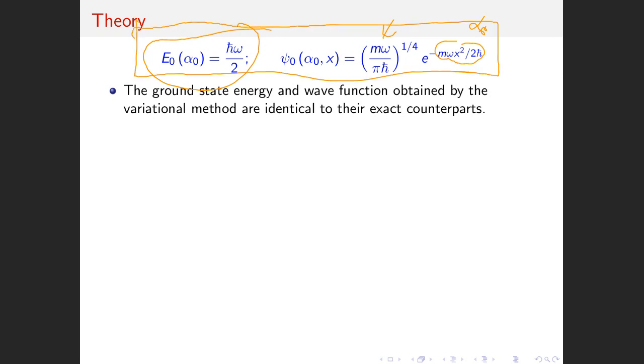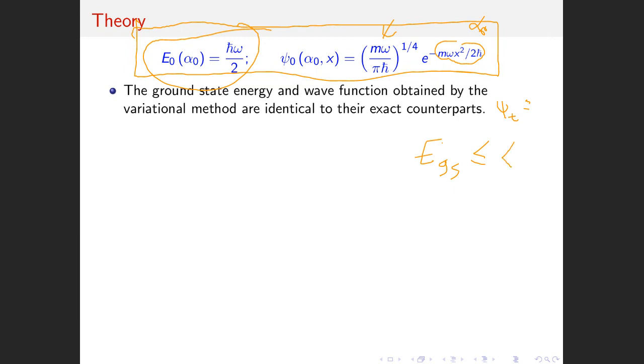So even though we didn't solve the Schrodinger equation in its full generality, what we did was that we just guessed some wave function to be Gaussian. I think in the next example, I might give you some different wave function to try for the simple harmonic oscillator.